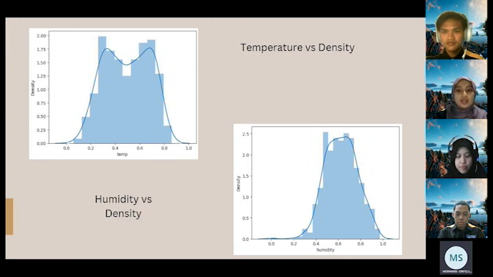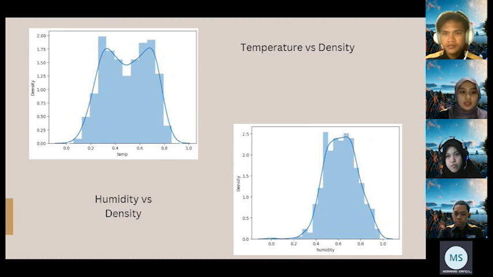So there is a certain temperature where we can have a higher value of bike sharing, and there is a temperature when the quantity of bike sharing is lower and goes lower. So the next one is the humidity versus density graph.